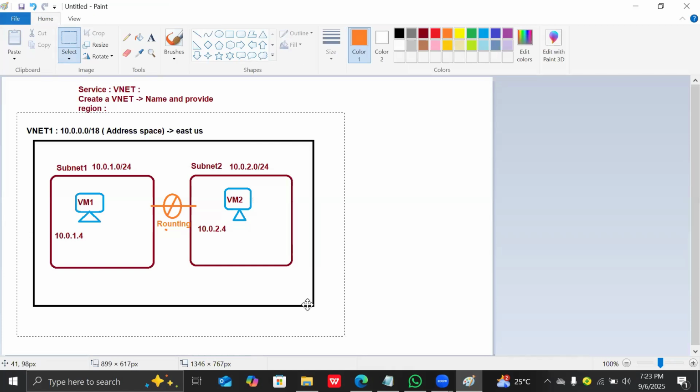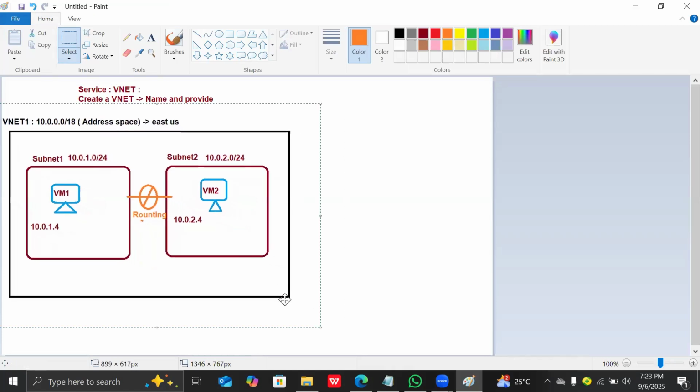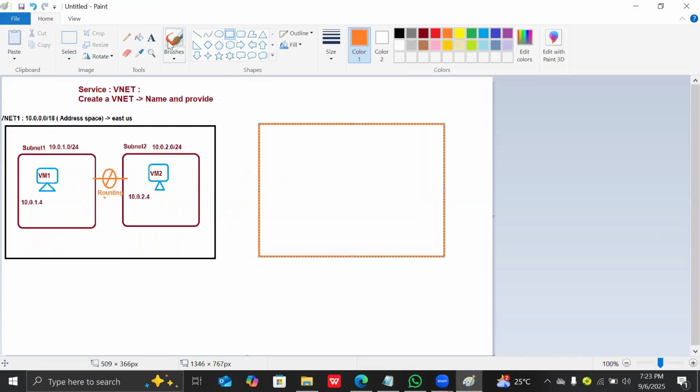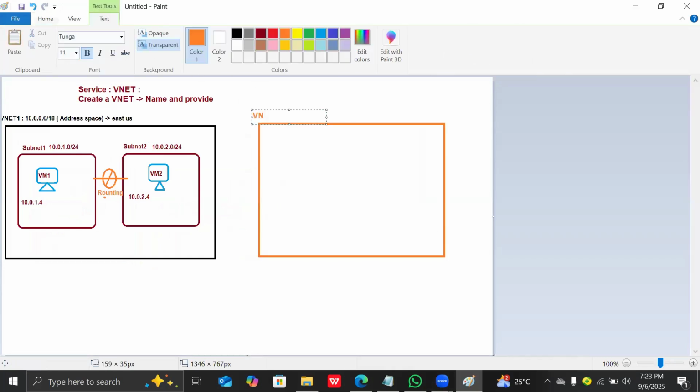If I created another VNet in the same region, called VNet 2, its IP address would be 192.168.0.0/16, for example.